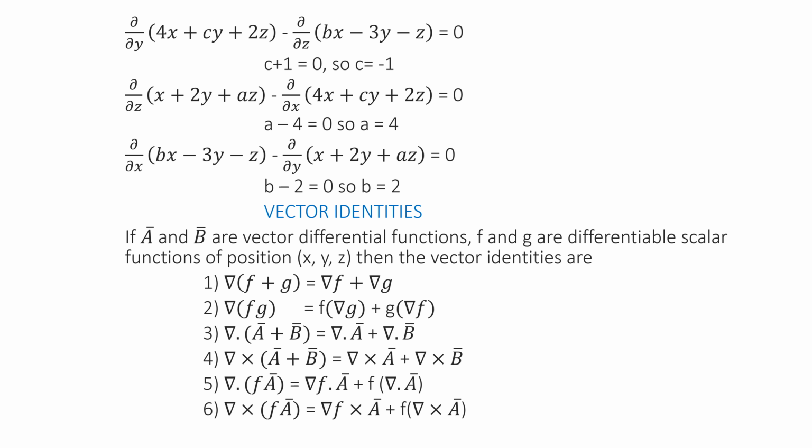And del dot (f a bar) is equal to del f dot a bar plus f (del dot a bar). Del cross (f a bar) is equal to del f cross a bar plus f (del cross a bar).